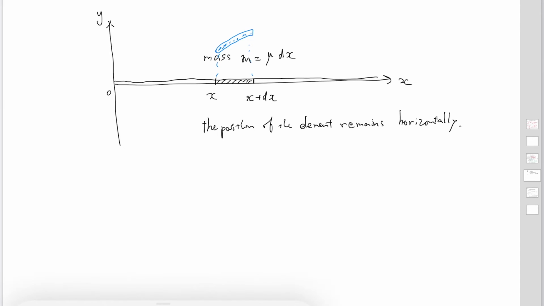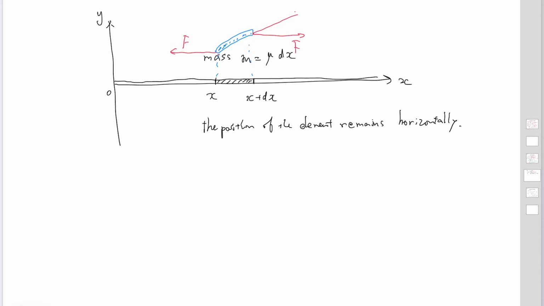But in this situation, this element doesn't move in the horizontal direction. So the acting force in the horizontal direction has to be the same. So we say this is F. Capital F is acting on both ends of this string element.